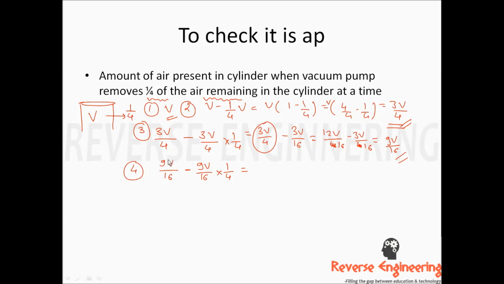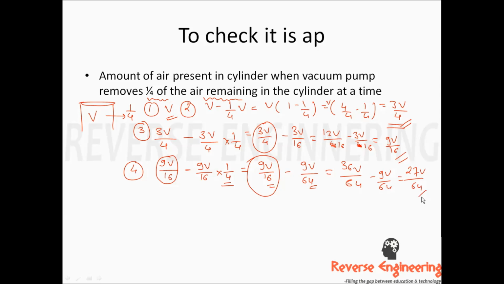The remaining volume before was 9V by 16, and we now remove 1/4 of it. So it will be 9V by 16 minus 9V by 64. Now the LCM of these two is 64, so I need to multiply the first term by 4. So I get 36V upon 64 minus 9V by 64. So the answer will be 27V by 64.